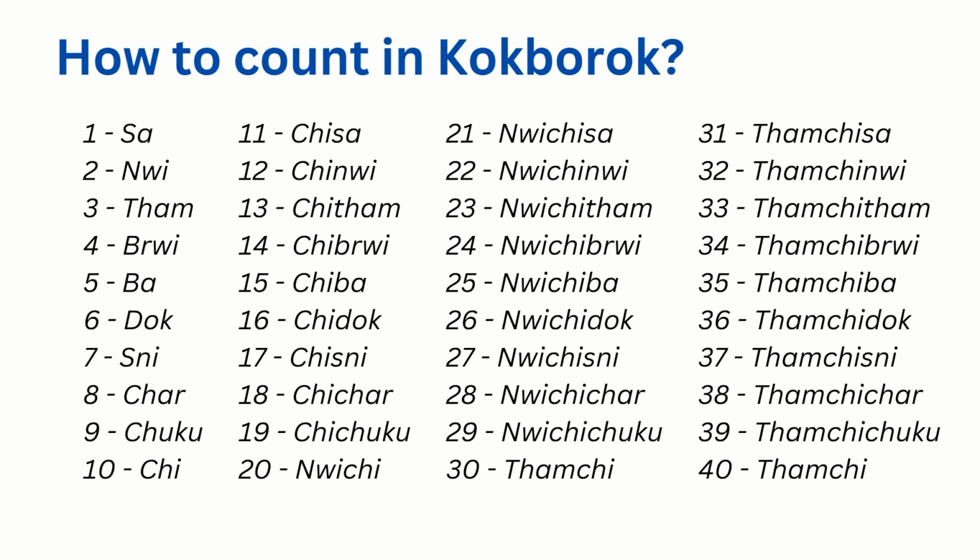As I have mentioned previously, to learn the numerals of any language, there must be certain standard rules which must be followed. Likewise in Kokborok, we do have the same, and we need to follow that in order to learn numerals in the most effective way.